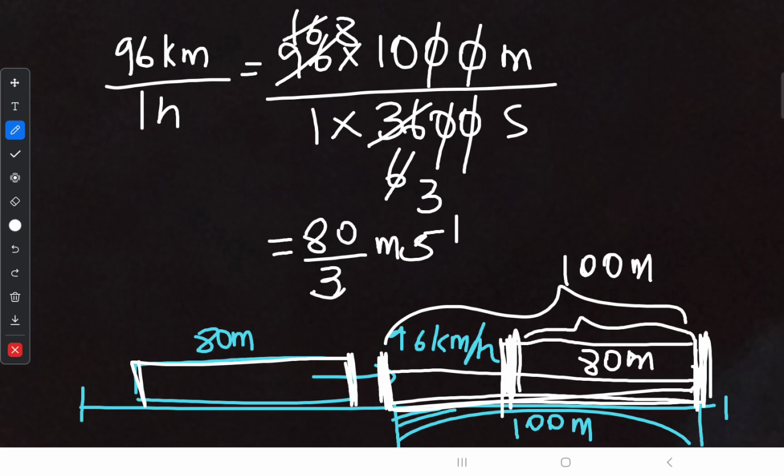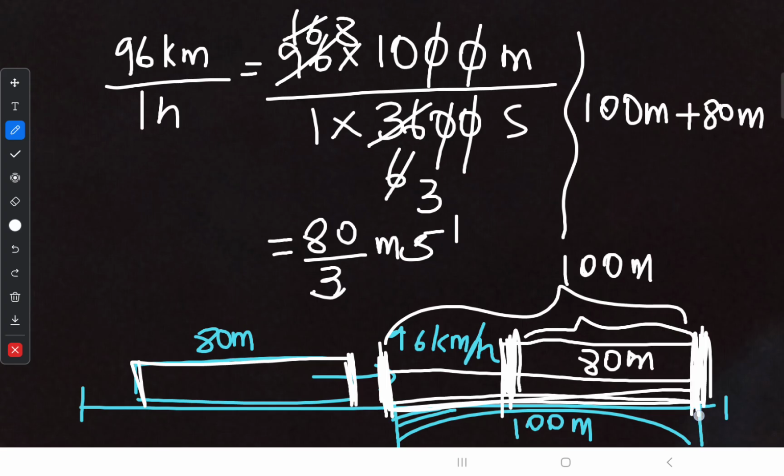The distance it has to travel: 100 meters is the length of this bridge, and the length of this train is 80 meters. You can see the engine has traveled 100 meters, but the train has not crossed yet.